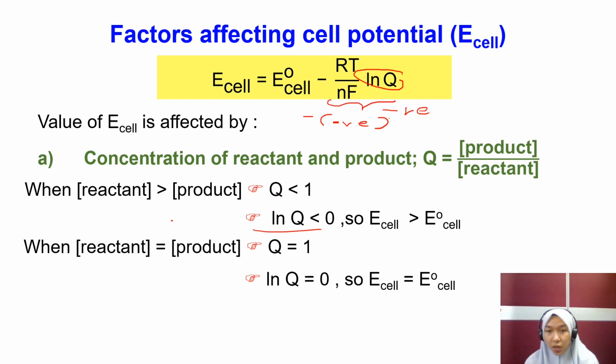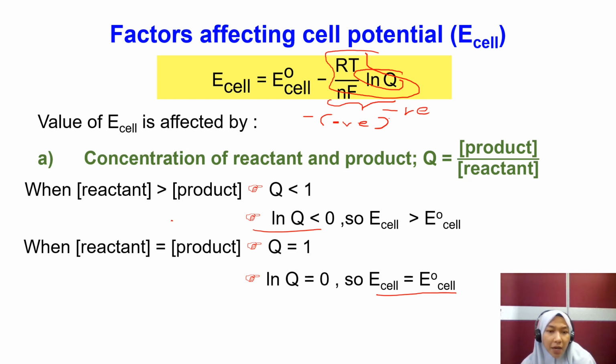So this term will be 0, and we are not going to increase or decrease E naught cell. So E cell is equal to E naught cell.